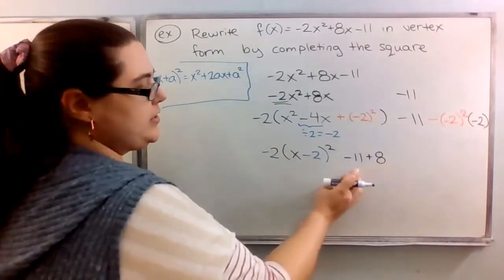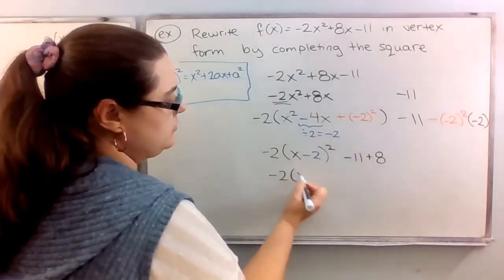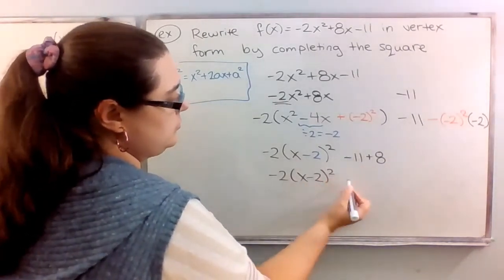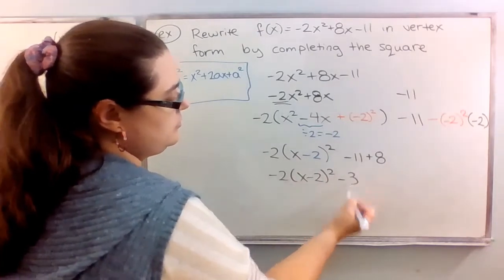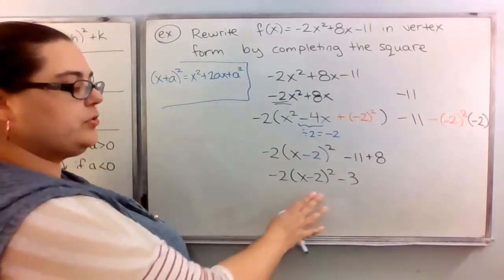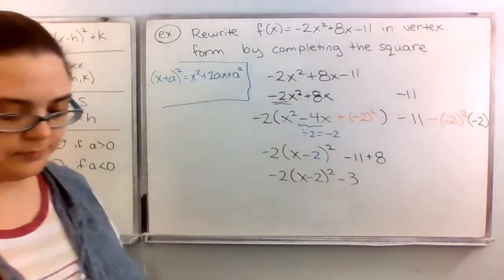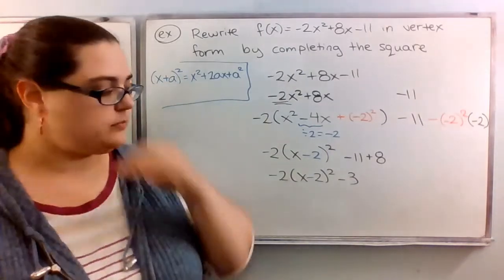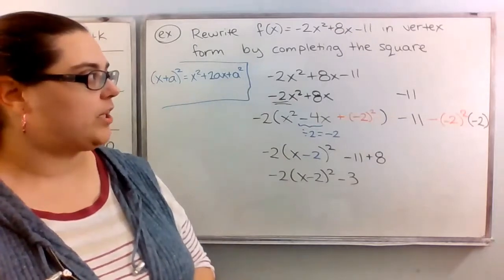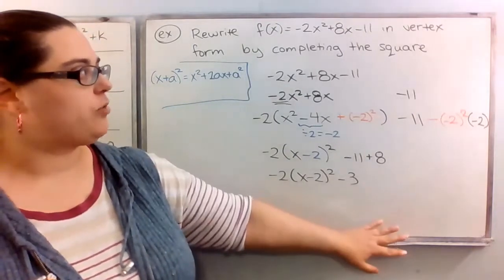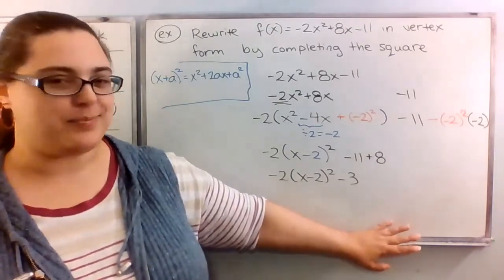And then I can combine these like terms to get negative 2 times x minus 2 quantity squared minus 3. All right, so that is how we can write a function in vertex form by completing the square.